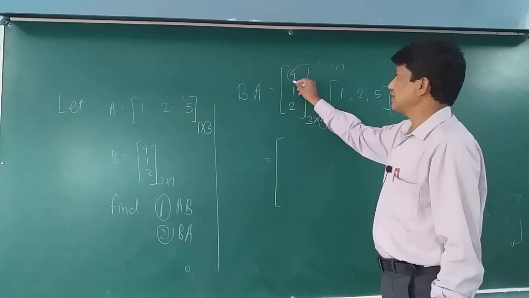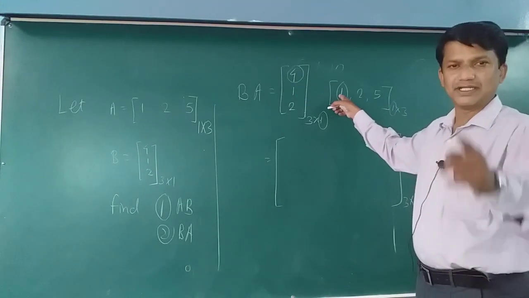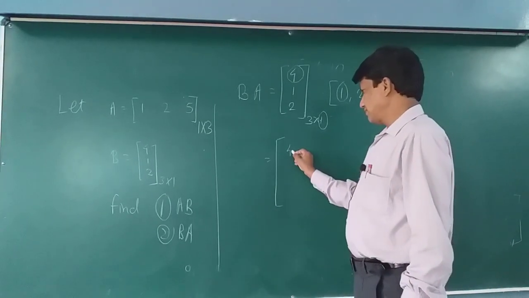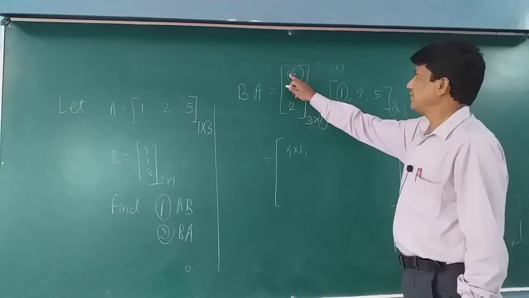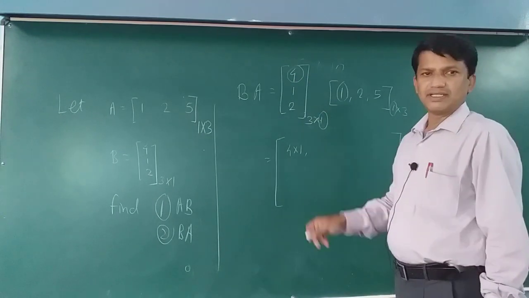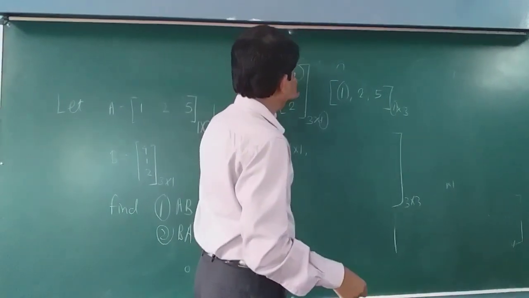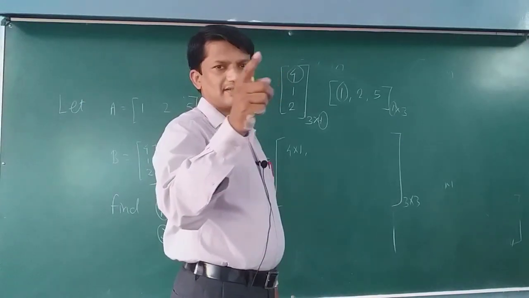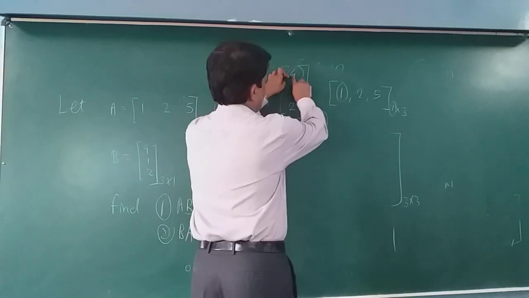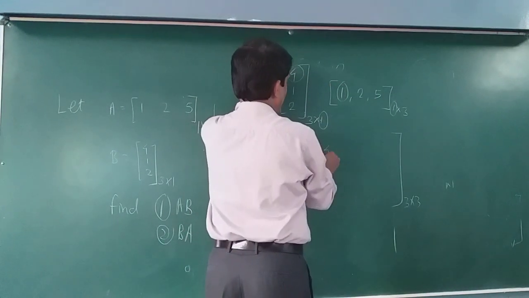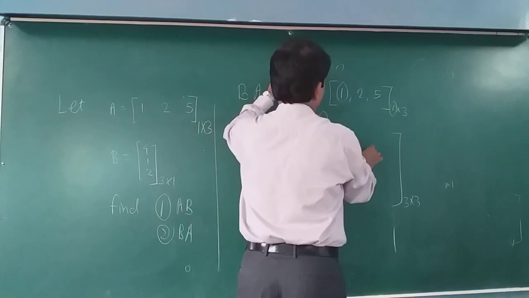So this 4 multiplied by 1 gives 4 into 1. Again 4 multiplied by 1, the answer is 4. Then the same row with the second element: 4 multiplied by 2, and here 4 multiplied by 5.